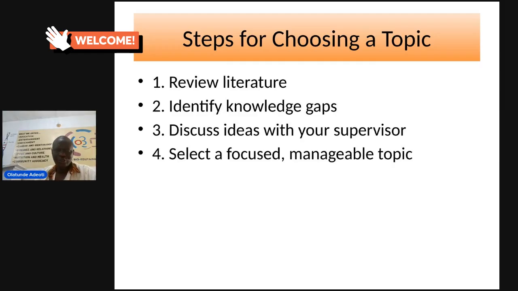Review literature, identify the knowledge gap, discuss ideas with your supervisor. So no matter the topic you have chosen, you should be able to seek the opinion of the supervisor. Then thereafter, the supervisor is going to give you his opinion and ask you whether to proceed or not. So that's very, very important.